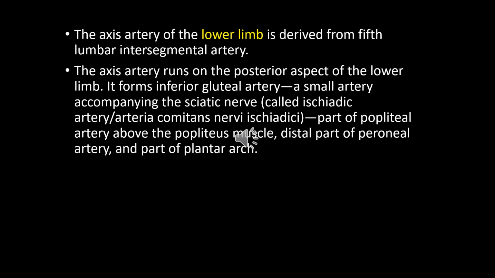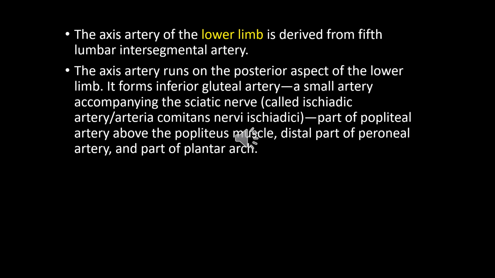Coming to the lower limb, the axis artery runs on the back of the lower limb, so it's in the gluteal region. You might have seen the inferior gluteal artery, which comes below the piriformis, accompanied by the inferior gluteal nerve. And there is another small artery called arteria comitans nervi ischiadici, or the companion artery of the sciatic nerve.